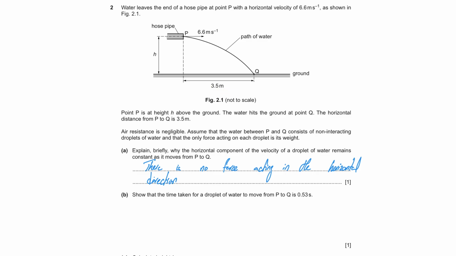Because the horizontal velocity is constant, we can simply use speed equals distance over time, or S equals UT, which is basically the same formula. Speed is 6.6, the distance is 3.5, and time here is the unknown. The value of time that you get is 0.5303, which is 0.53 seconds, and this is what they wanted us to show.